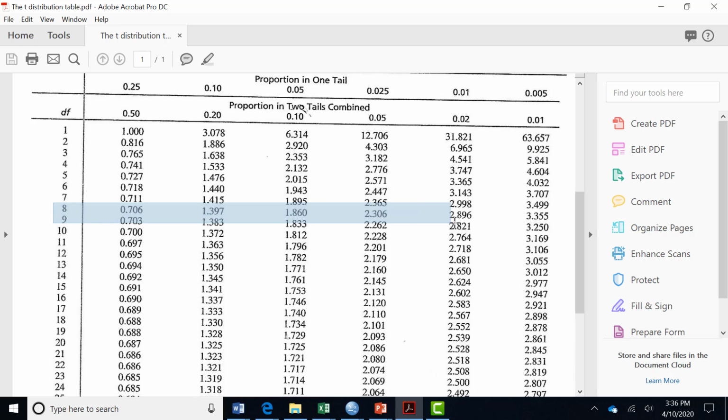I'll highlight that here. And we said the two tails, the combined proportion is 0.05. So that gives us a critical t of 2.306.